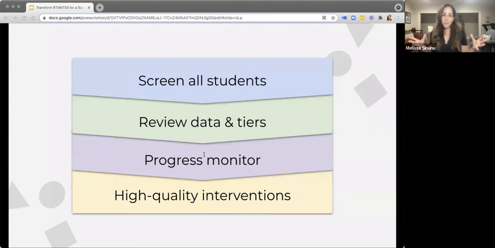But let's think about what we're asking teachers to master. One program to screen, another for progress monitoring, another to centralize the data for administrators, data tracking practices that make sense, and then finding and delivering the right interventions for every scenario. So when this becomes too much for teachers, RTI loses focus as a meaningful support for students.